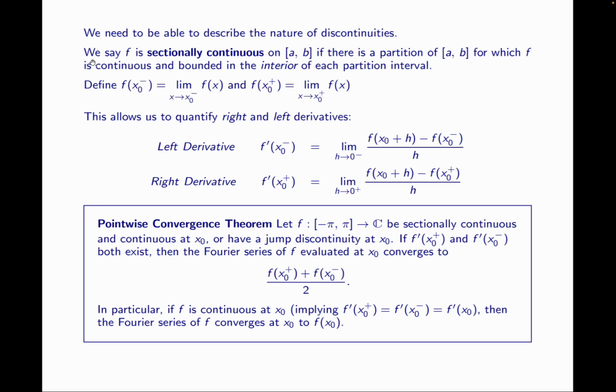So if there's a jump discontinuity, for example, then the Fourier series converges exactly at the halfway point of the jump. And that's exactly what we saw. We had a jump discontinuity that went from -1 to 1. The halfway point is 0. And in fact, we had pointwise convergence at 0.